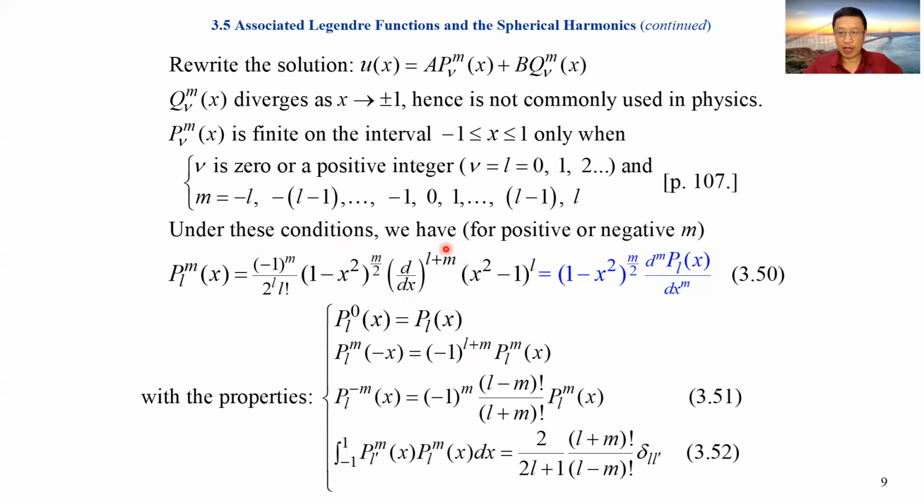Under this condition, we have this one. Okay, so the associated Legendre polynomial of the first kind with m = 0 becomes the Legendre polynomial of the first kind.